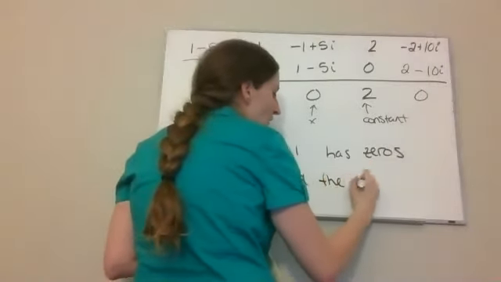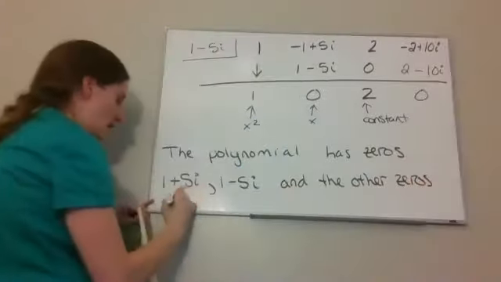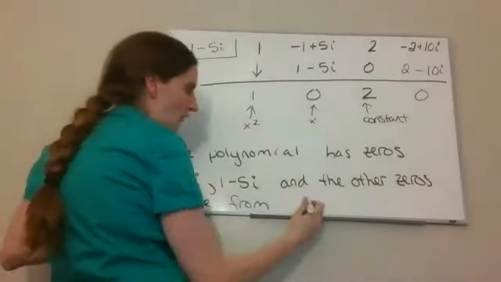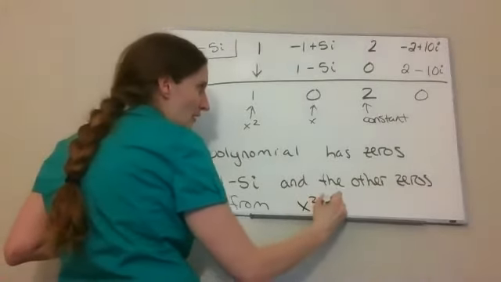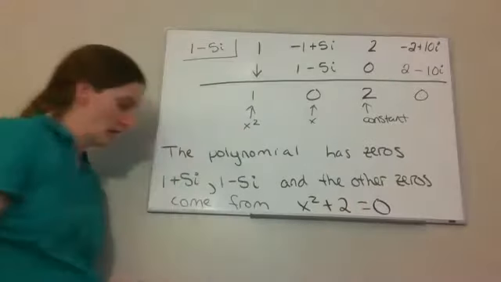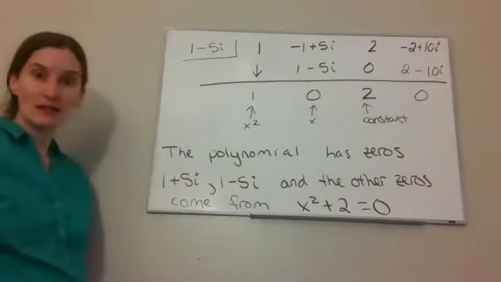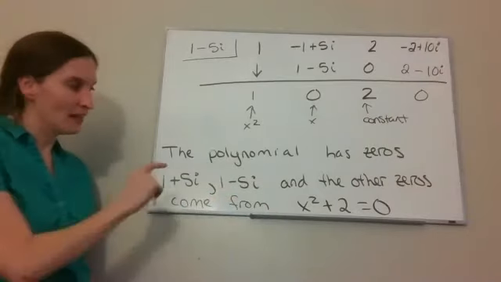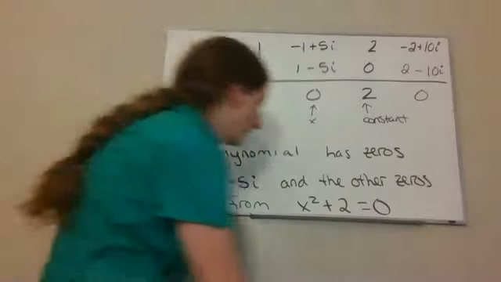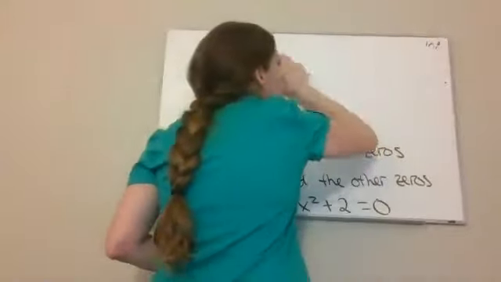And the other zeros come from our result here, x squared plus 2 equals 0. So I just have to solve this last thing, the result from doing synthetic division twice, and set that equal to 0, and that will get you all of the other zeros. So let's solve that, and then make sure we have 4 zeros in total.